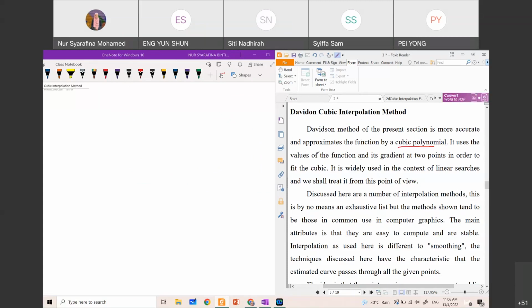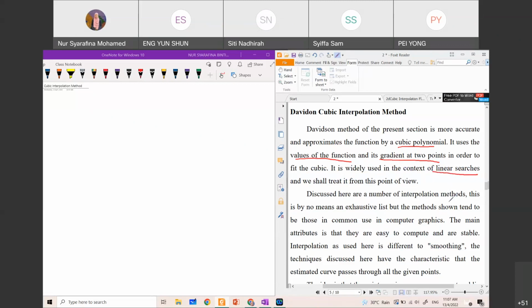It uses the value of the function and its gradient at two points. We use the gradient at two points to fit the cubic so that we can reduce the interval and reach our solution point. It is widely used in the context of line searches.